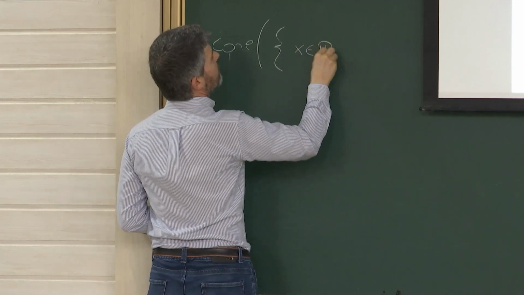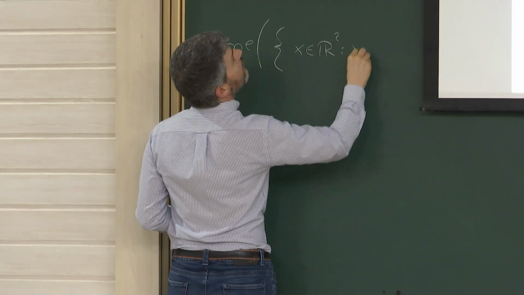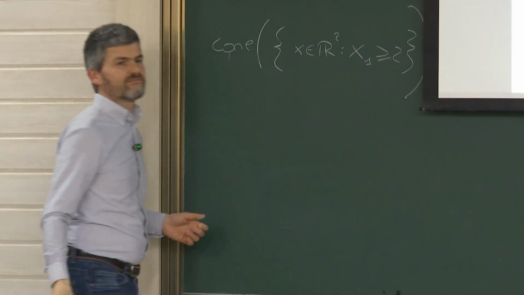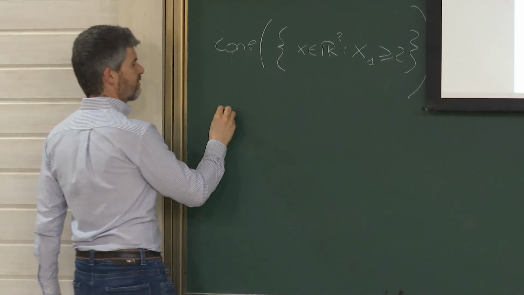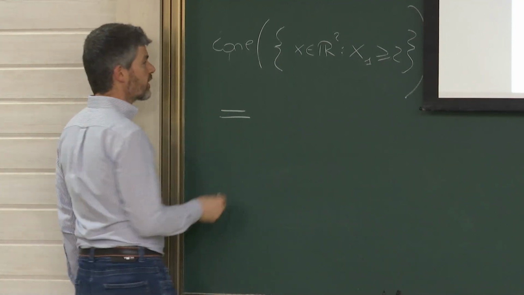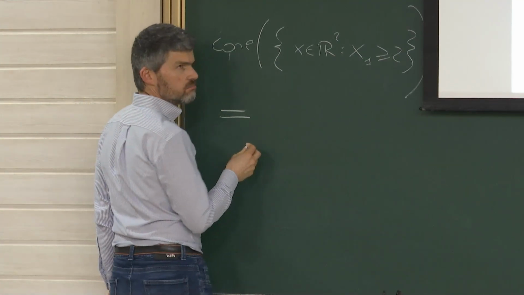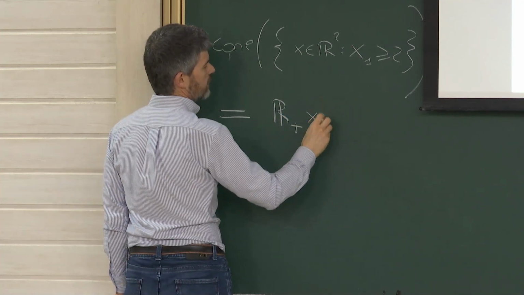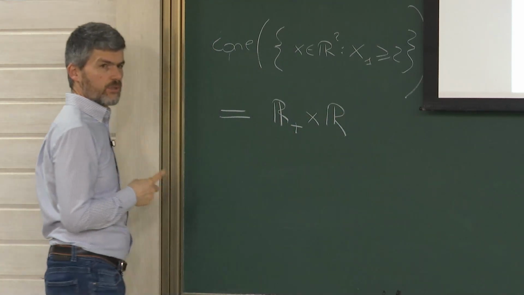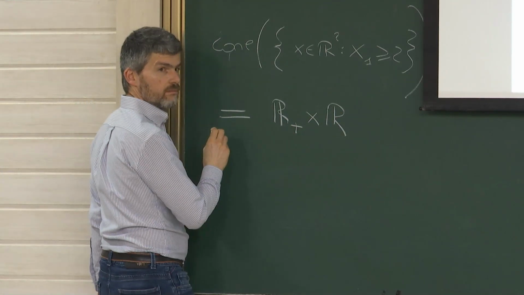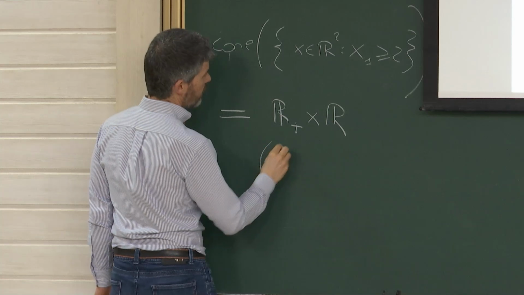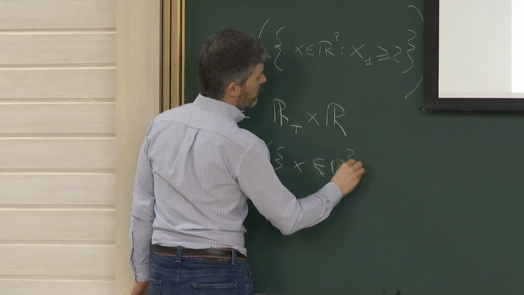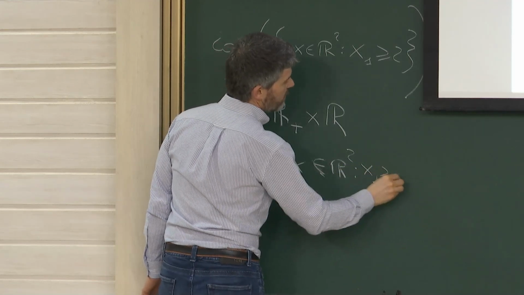X in R2 such that x1 greater or equal than 2. So one hypothesis is that it's equal to R plus Cartesian R. Is that what you said? Oh, sorry, let me write it explicitly. So x in R squared such that x1 greater or equal than 0.